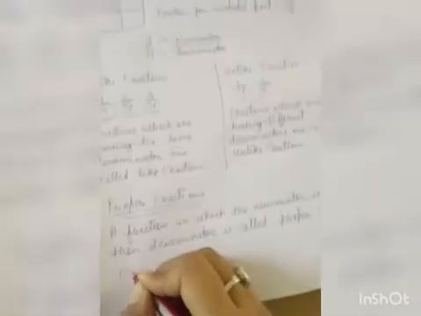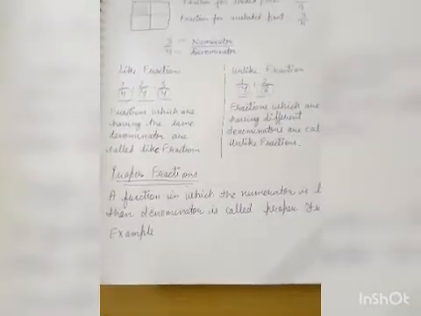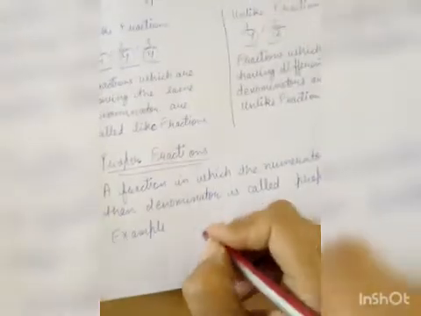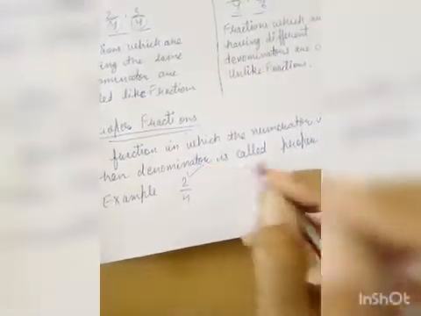Okay, so for example I will write here, we have to write such fractions in which the numerator is small and the denominator is large. So we will write here, suppose I want to take 2 by 4. So this is our proper fraction.